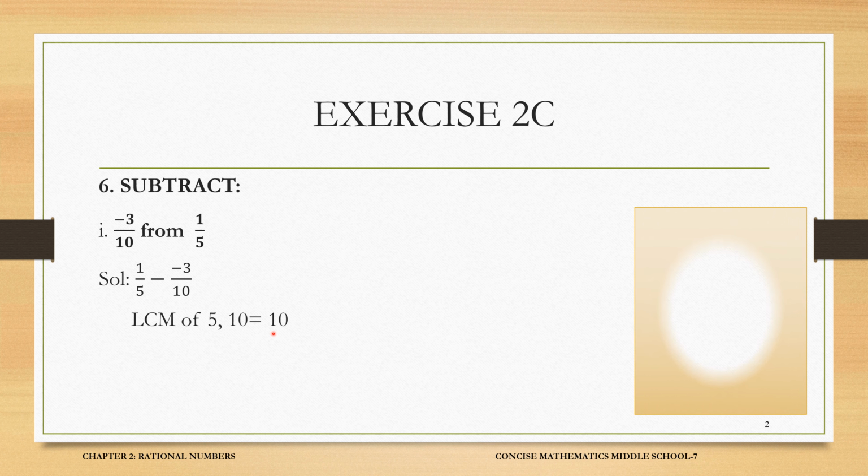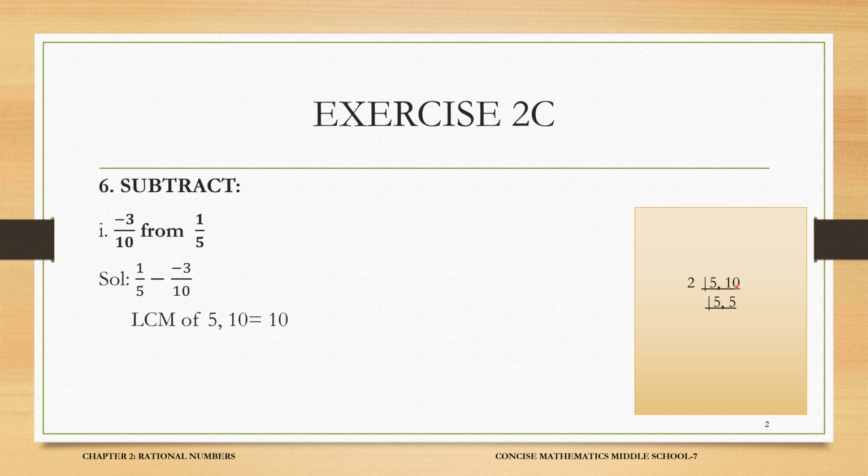How to do LCM is, in a rough area, just write down 5 and 10 and always start dividing with the least number. At least one number should be divisible, right? So here 10 is divisible by 2, but 5 is not divisible by 2. So you can write down 5 as it is, and 2 5s are 10.